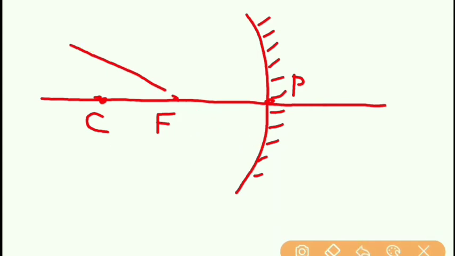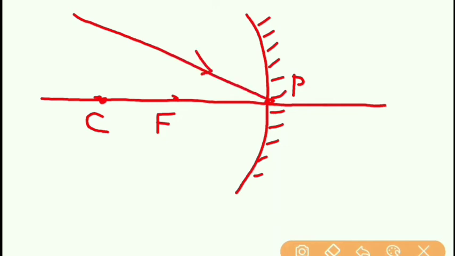Then third condition, when a ray is incident directly on the pole, then it will reflect in such a way that the angles made are equal.